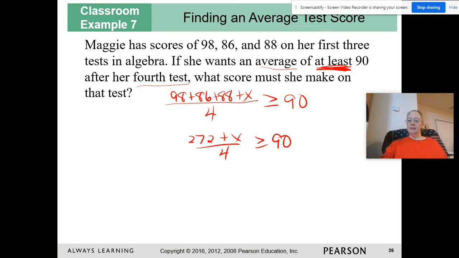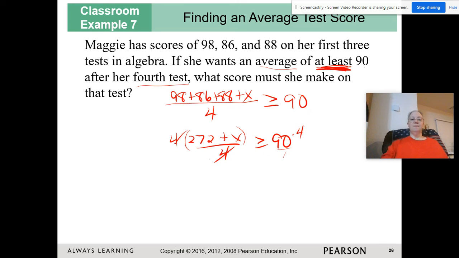Now I've got this 4. Remember, if I have a fraction, I have to multiply by the least common multiple of the denominators. And since the 90 has a denominator of 1, we're going to multiply by 4. We multiplied by a positive number, so I do not have to worry about reversing the symbol.